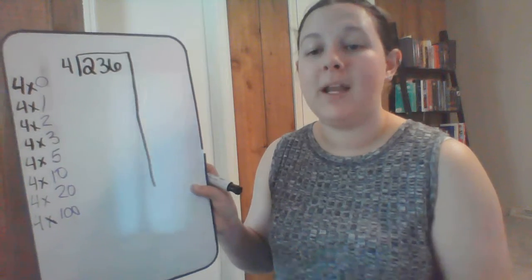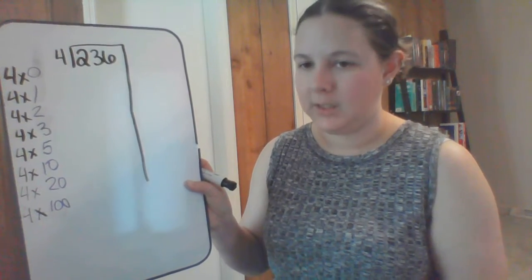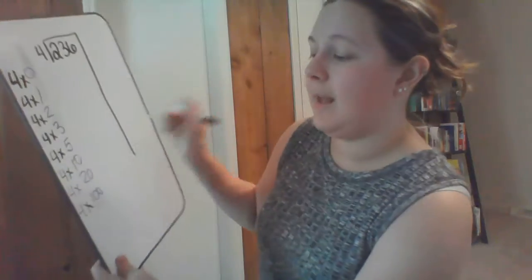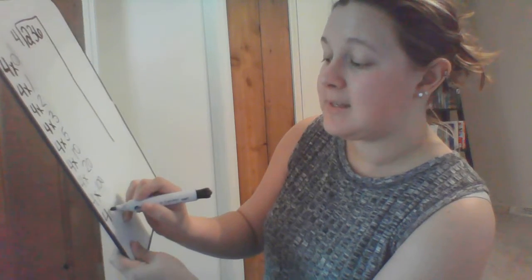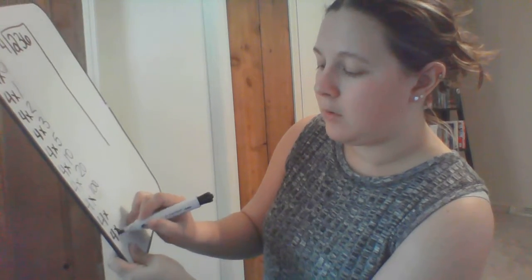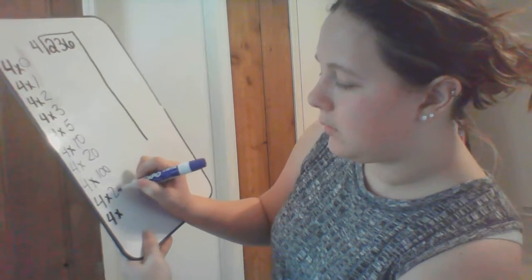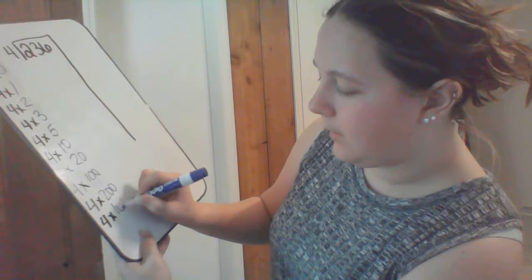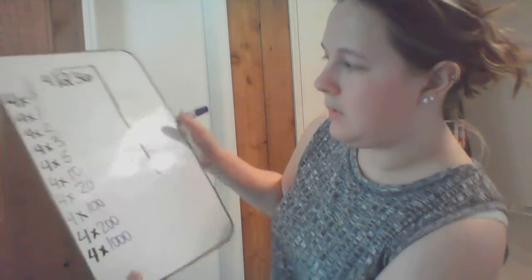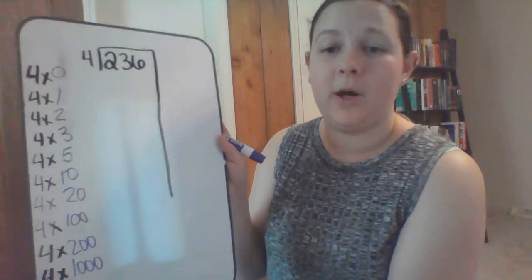So I can keep writing my quick facts, but I know I'm not going to use them. I am going to keep writing them just for the sake of seeing them. That's 200 and 1,000.